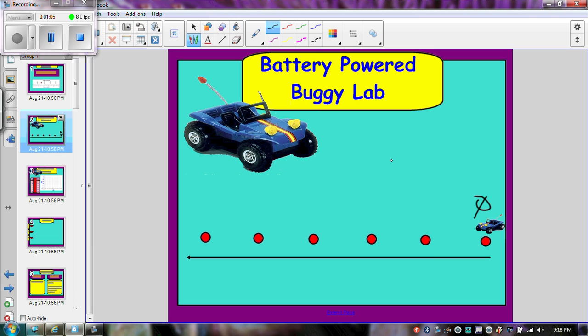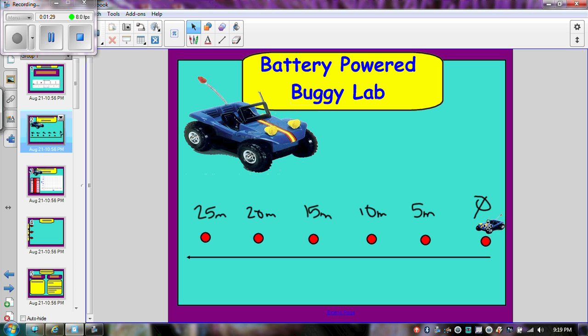Then what I do is I measure on the wall every 5 meters, and every 5 meters, I'm going to put a mark. So we have 5 meters, 10 meters, right here we have 15 meters, 20 meters, and then finally 25 meters. Then I turn the car on, and as soon as the car starts going, I start my timer.